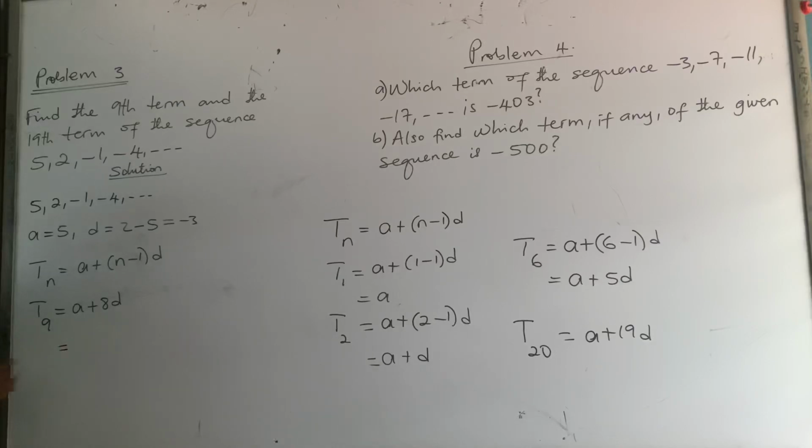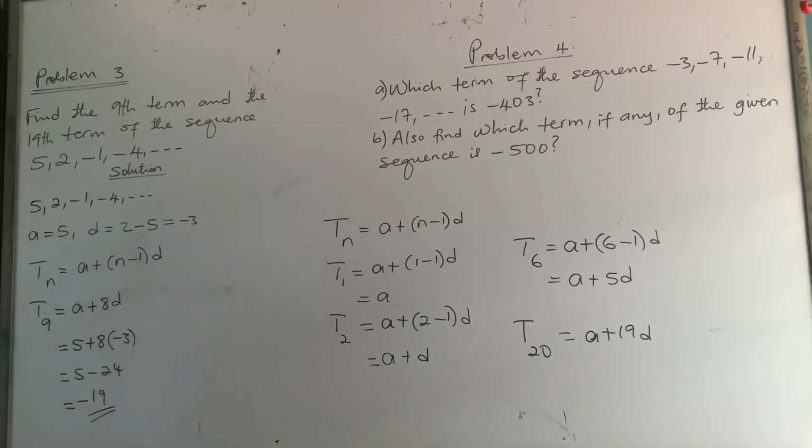Our A is 5, plus 8 multiplied by D. Our common difference is minus 3. So we have 5 plus 8 times minus 3, which is minus 24. So we say minus 19. So the 9th term is minus 19.